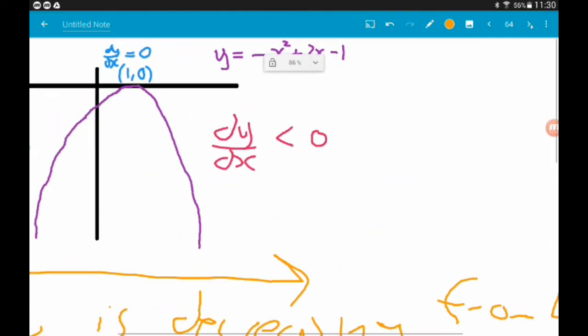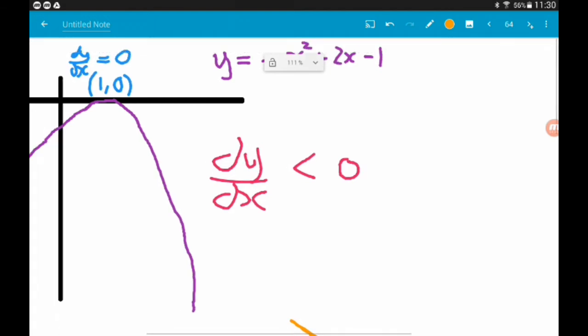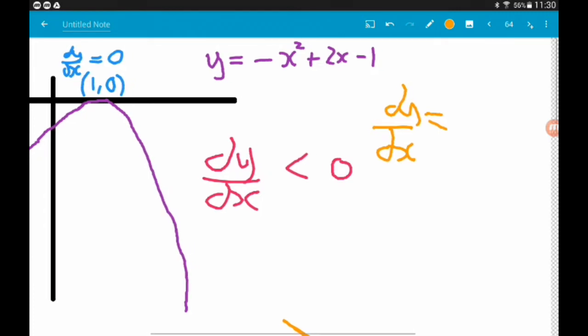So the equation of our curve is minus x squared plus 2x plus 1. So dy by dx will be minus 2x plus 2.